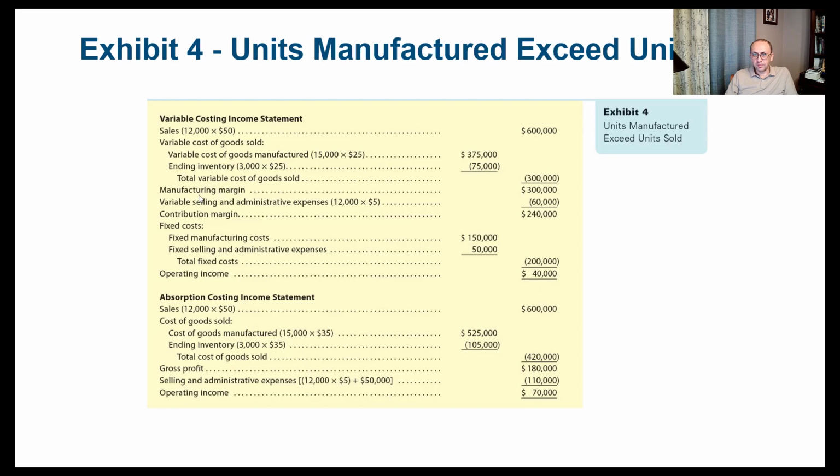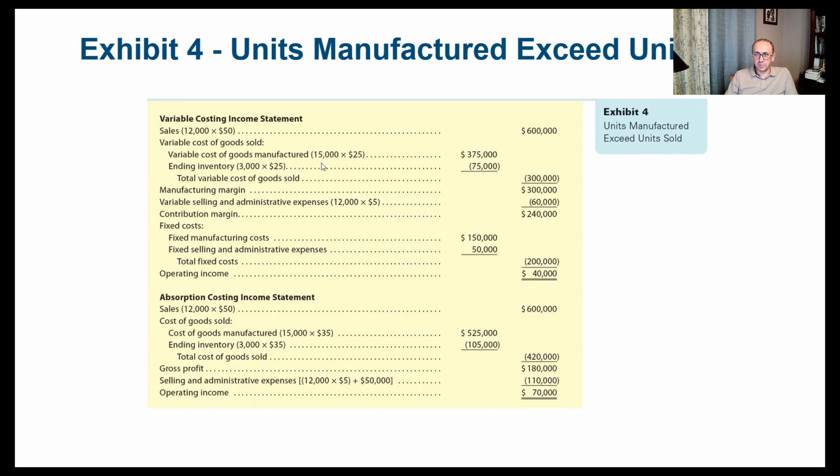So to get the manufacturing margin, we have to subtract from the sales the variable cost of goods sold. In the variable cost of goods sold here, we have the variable cost of goods manufactured, which is 15,000 multiplied by 25, and we subtract from that the ending inventory to get the cost of the units that we sold.